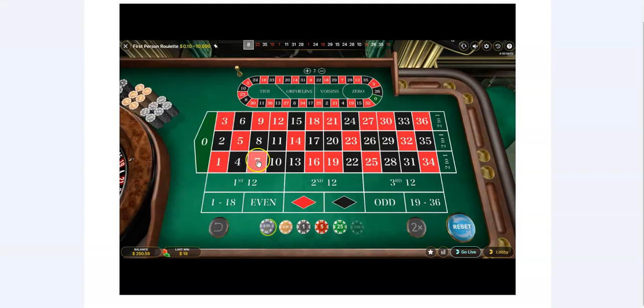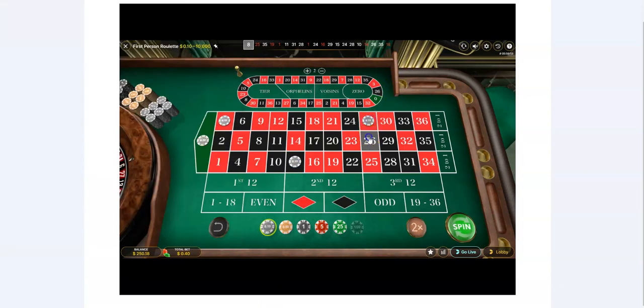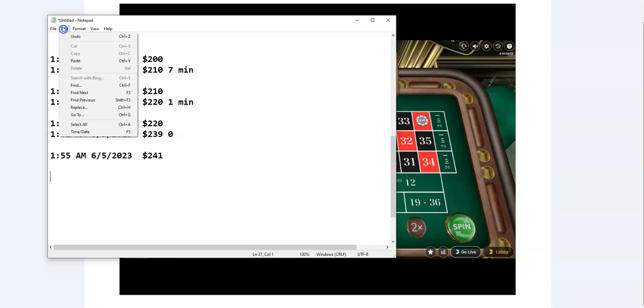Okay, so let me just switch over here. We're going to go 3, 13. And we're not covering up anything because we're using the sequence mode. Okay. So there we go. We are at 249 just now.